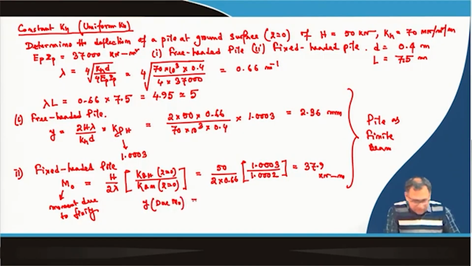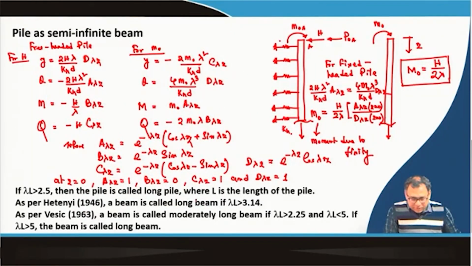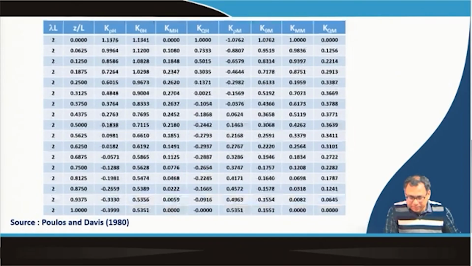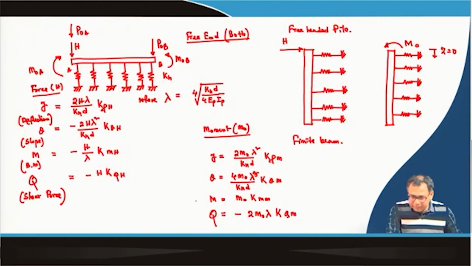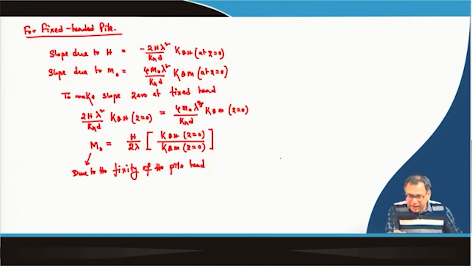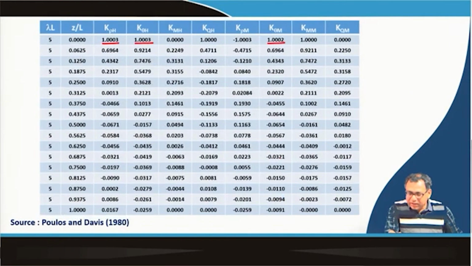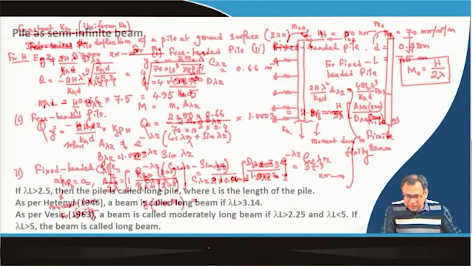We have given the equation for the moment for this pile as a finite beam, and that deformation is 2 m0 lambda square by k h d into k rho m, and for lambda L equal to 5, rho m is this one, which is minus 1.003. So, now we will put this value here.